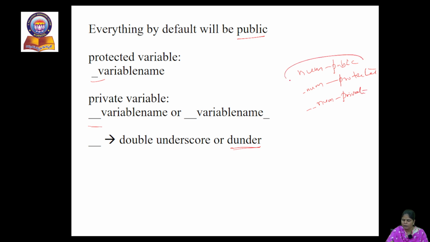So public will be accessible throughout the class, and with other packages also. Protected will be accessible to the class and its derived classes. Private is only within the class, no derived class, no other packages, right?